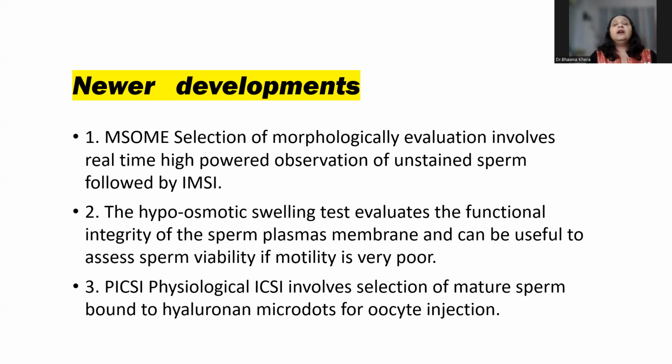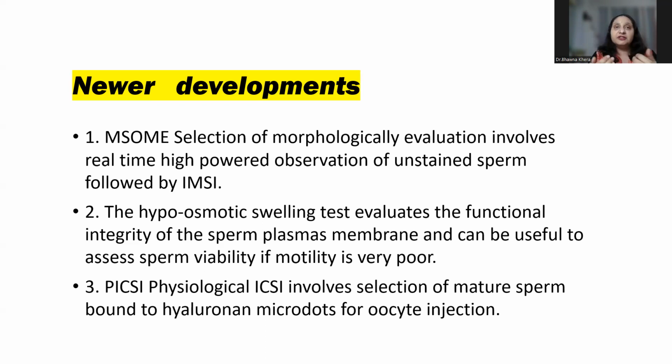Another test is the hypo-osmotic swelling test, in which you put the sperms in a hypo-osmotic solution. What happens? If the sperm's plasma membrane is good enough and working properly, it will absorb the fluid from the outside. As it absorbs the fluid, it swells up.